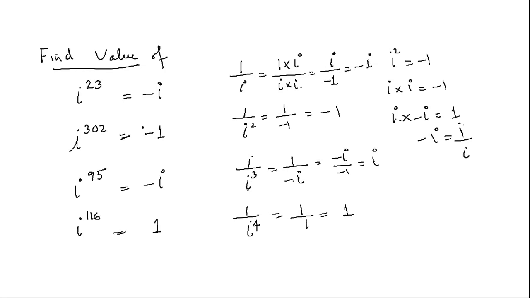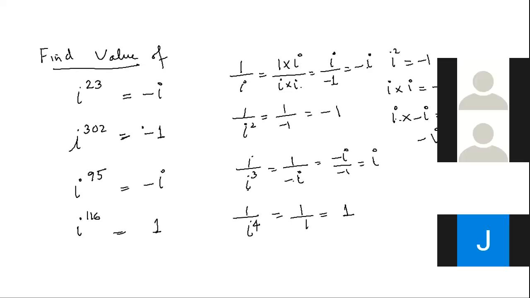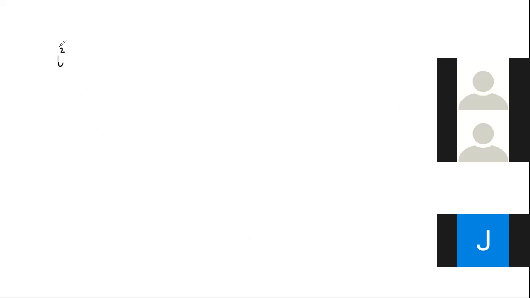Is it clear? Yes, sir. Okay. Can I change the page? Yes, sir. Let me ask a few questions to students. Austin, you are answering me. What is i squared? What is i cubed? What is i raised to 4? What is 1 by i? Give me answers of all.